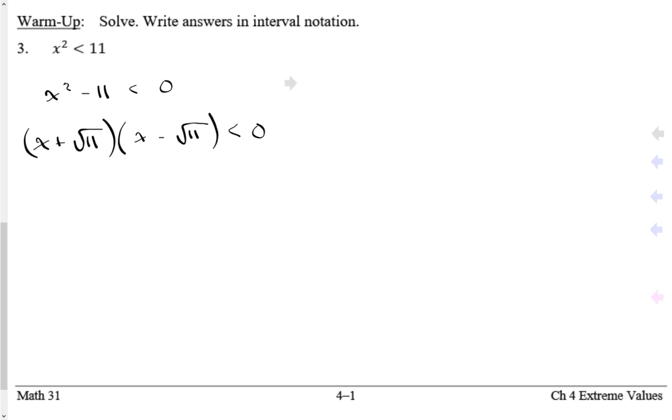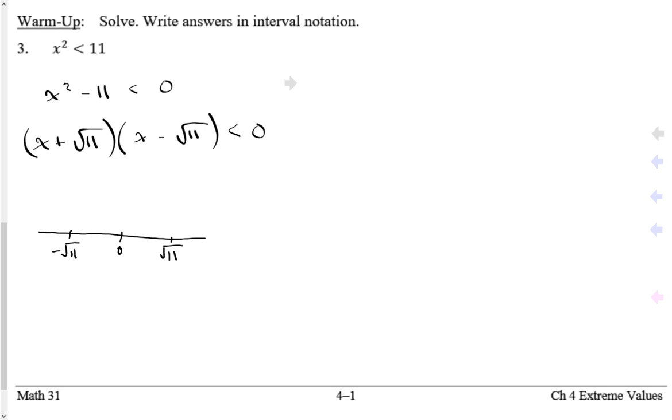Now what we could do is say, well, this is giving me the zeros for my quadratic, and I know that I have a quadratic that opens up. So what you may have done last year is look at this and say, well, if I just look at my x-axis here, there's 0, and there's negative root 11, and here's positive root 11.